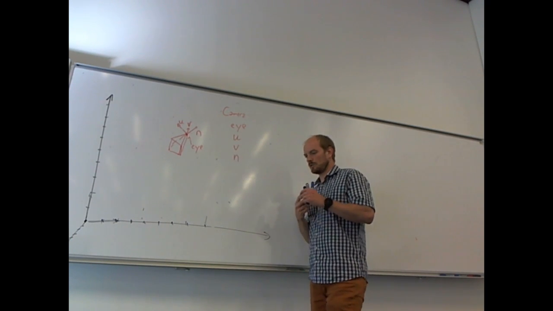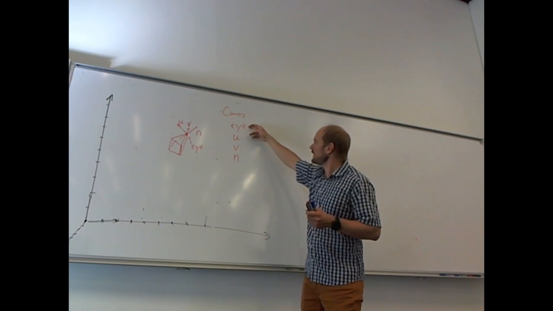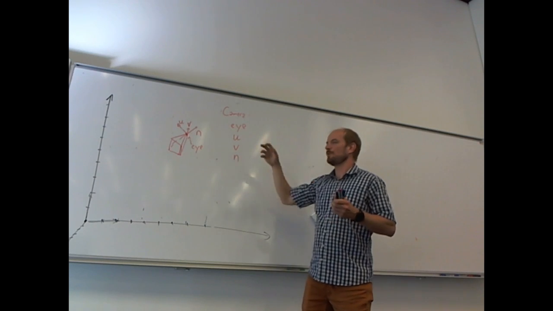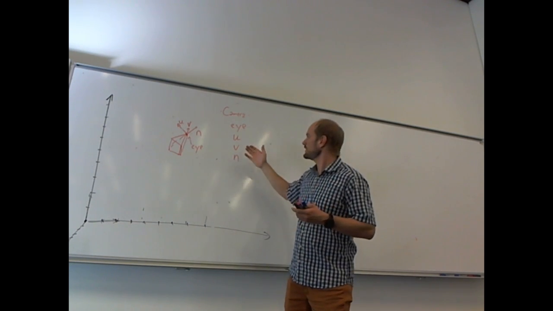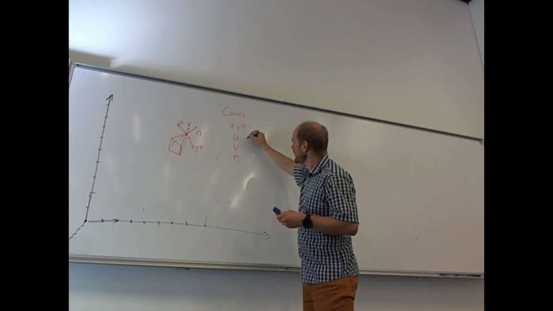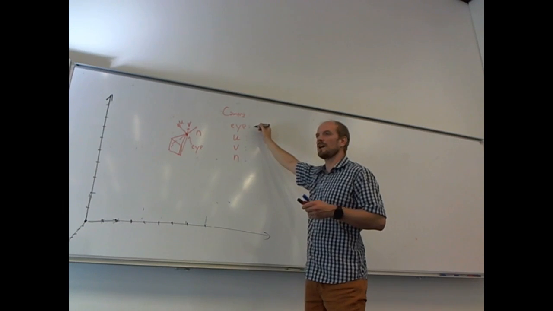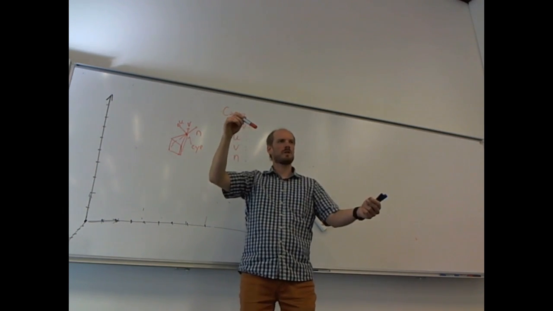So what we need to do is twofold. Number one, we need a way to calculate these from simpler ideas. If I expect a programmer to just set up the values for I, U, V, and N, it's no problem for I. But if I say, okay, it's pointing this direction, I can set up an N vector from where it's looking.